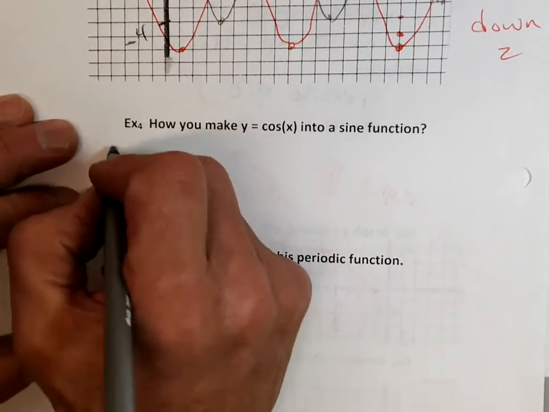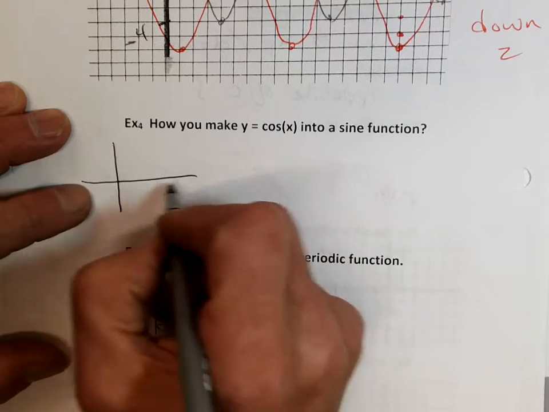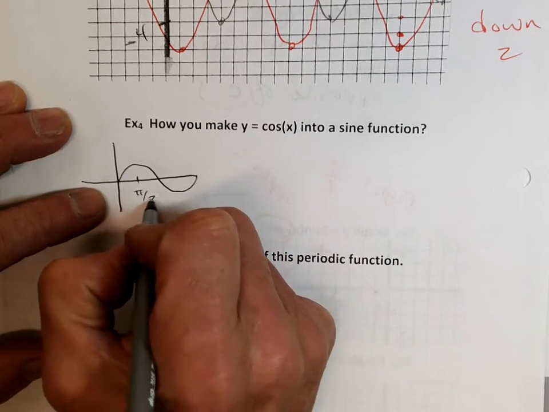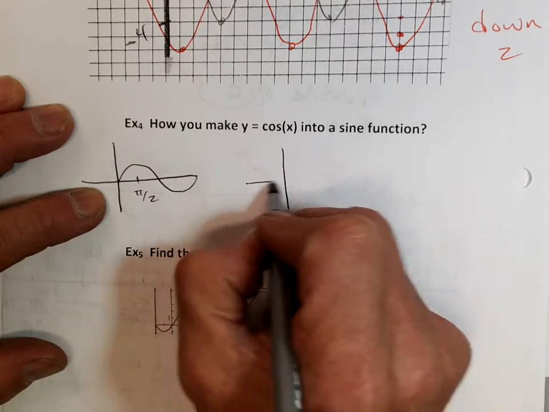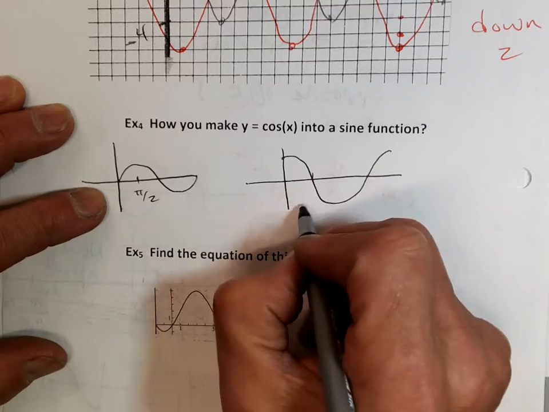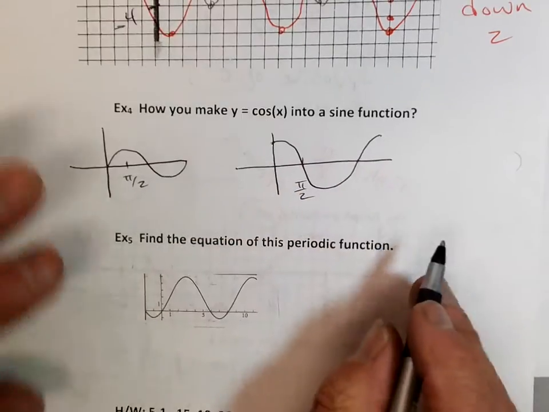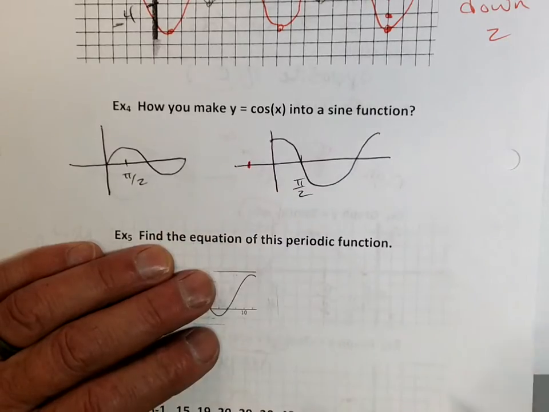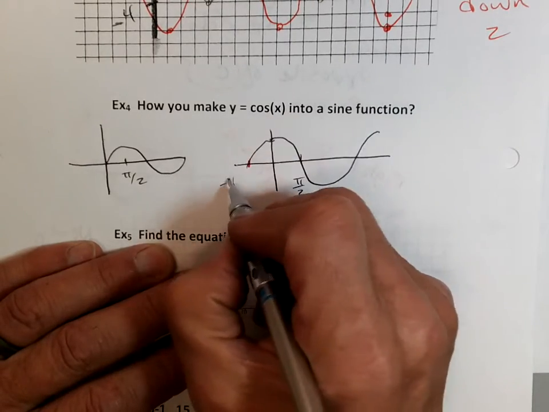Number 4, how do you make a cosine into a sine? We saw that a sine curve looks like this, pi halves. We saw a cosine looks like this, pi halves. You can move the cosine curve negative pi halves.